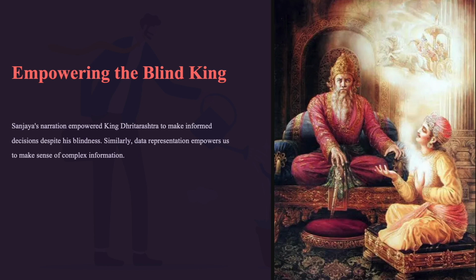Secondly, it enabled the blind king to truly grasp and imagine events as they unfold, even though his eyes couldn't witness it directly. Now, the last point is, Sanjaya's skillful narration condensed all the important details into a clear and meaningful message, ensuring the king received the essential insights.